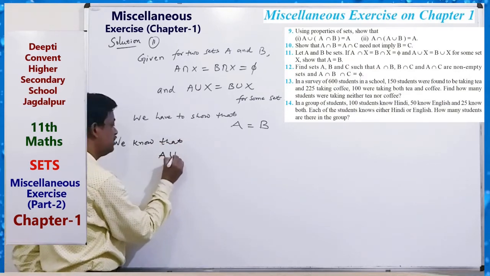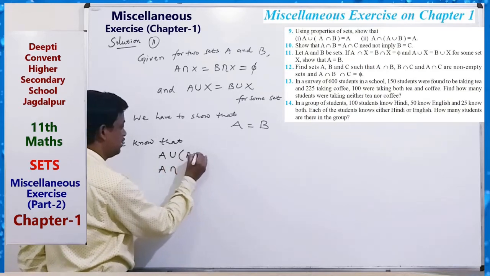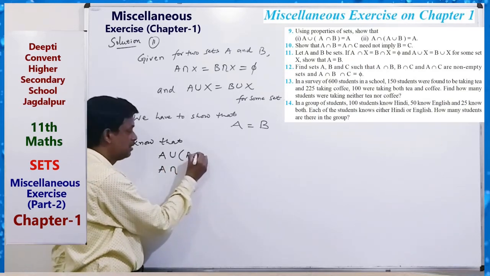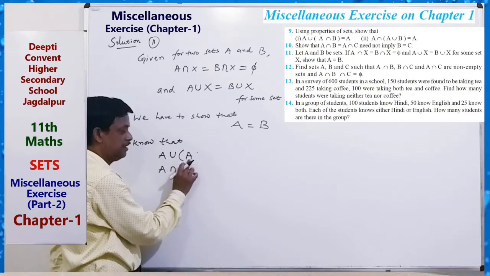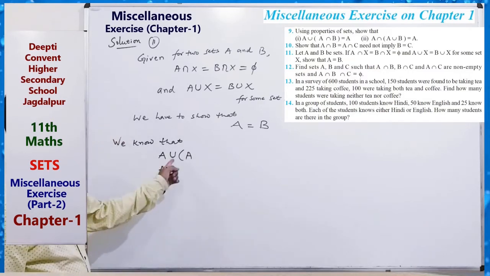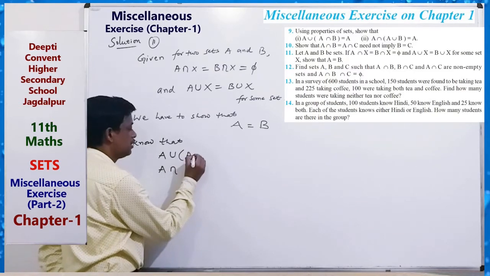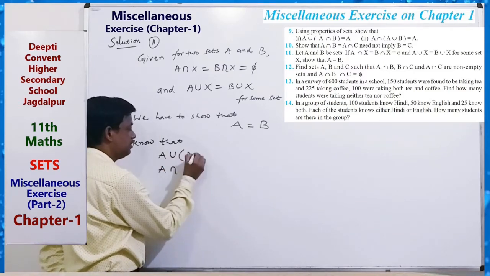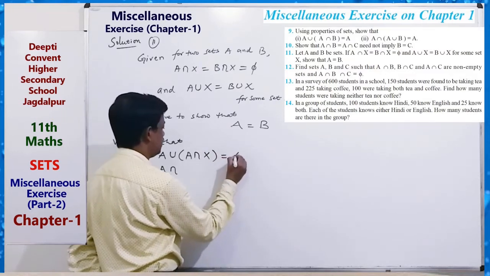A union, A intersection, A union A. A union then intersection X for a set equals to what?